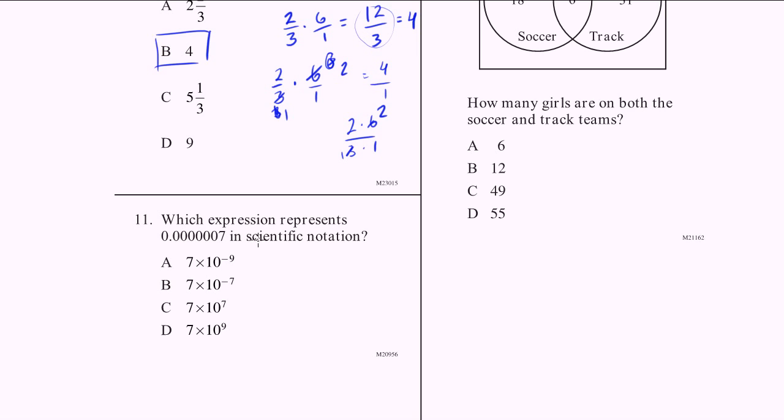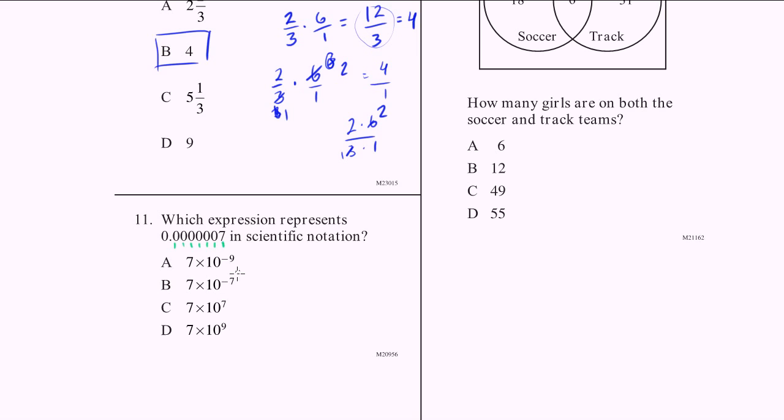Which expression represents 0.000007 in scientific notation? So the easy way to convert scientific notation, especially when you have a number behind the decimal point like this, is you literally just count the digits behind the decimal point. And we have 1, 2, 3, 4, 5, 6, 7 numbers behind the decimal point.